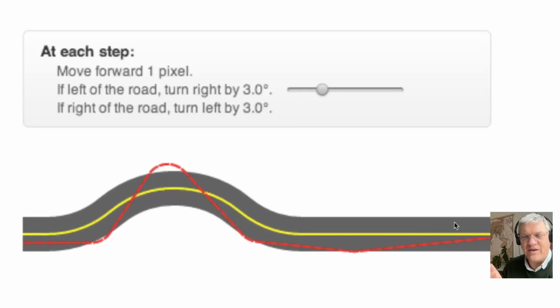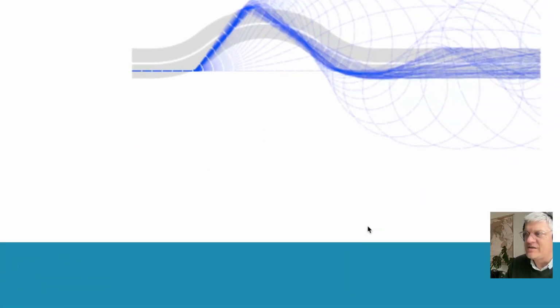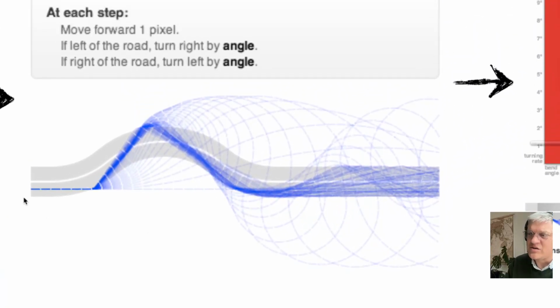We can again take this one abstraction layer higher and say, why don't we just draw all the lines, which is what this is. These are all the different paths that a car could take depending on the angle they will actually turn by. I don't know why these ones are outside the road.